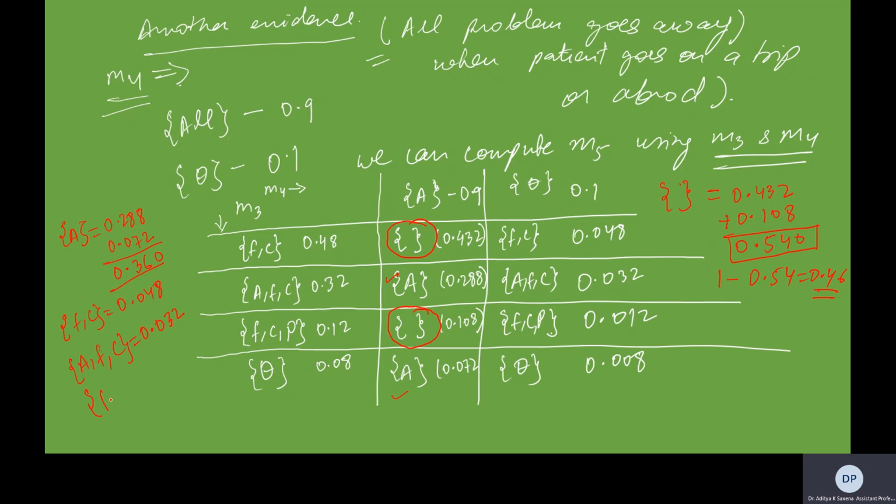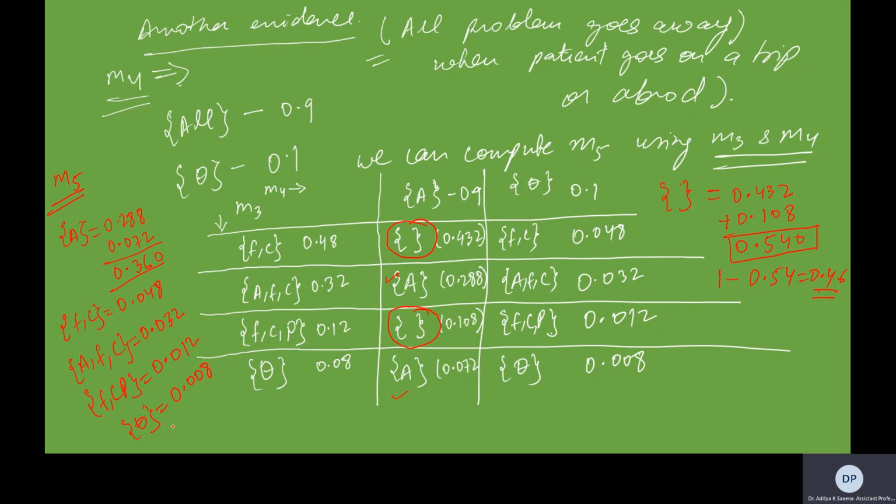For FCP we have 0.012, and for the rest we have 0.00. Now this is the final M5, the subsets of M5.